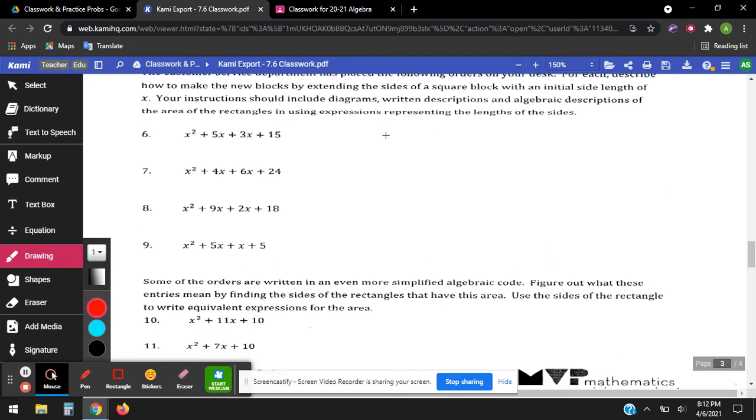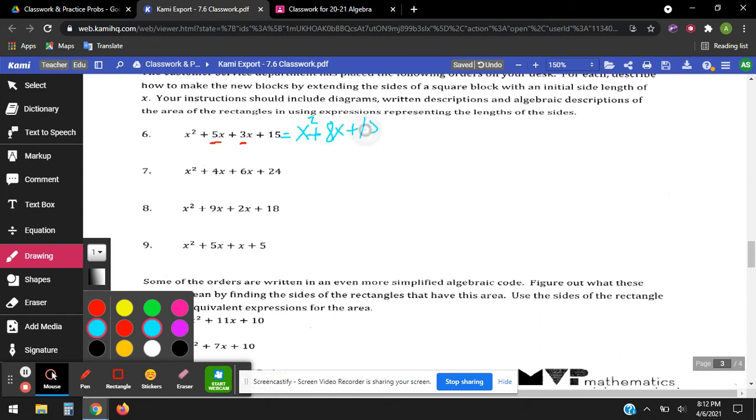Okay, so they've given us this information. So there's a couple things we can do. We can look at this and say, we have just split those into 2. So let's go to our original. If we were to combine this, we've got x squared plus total of 8 x's plus 15.